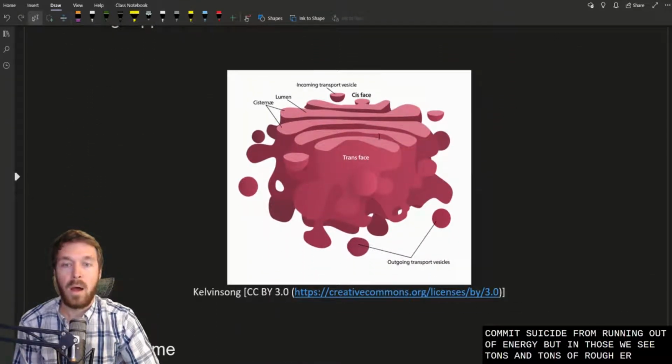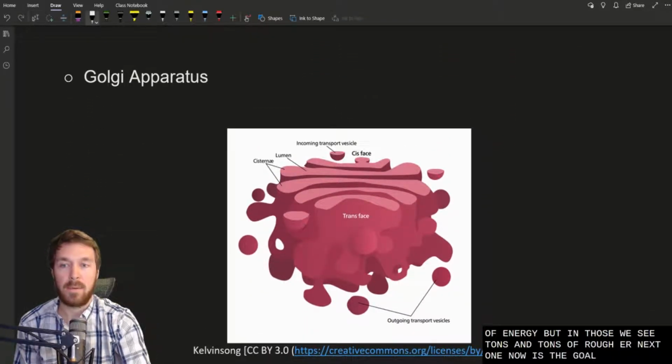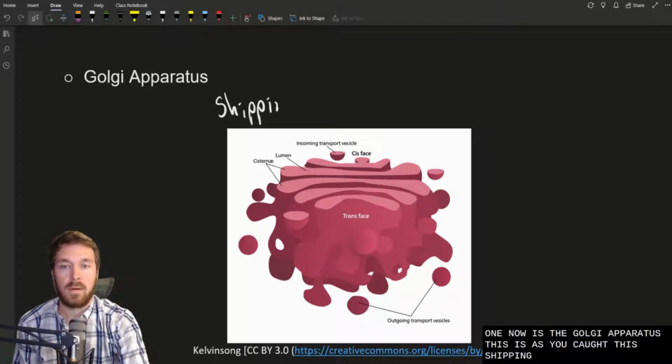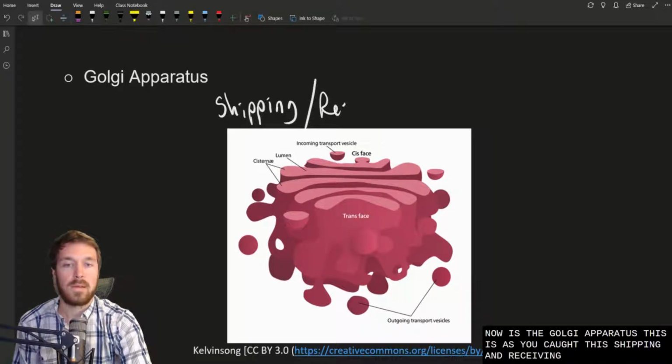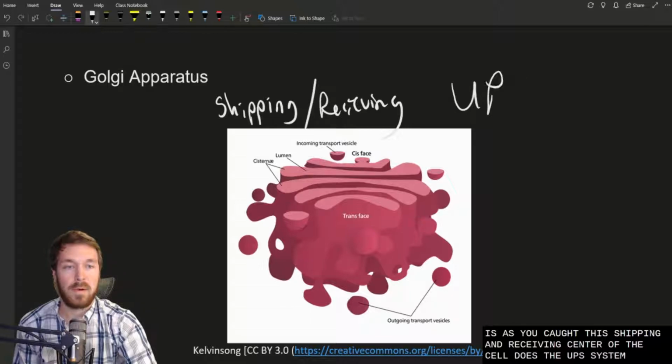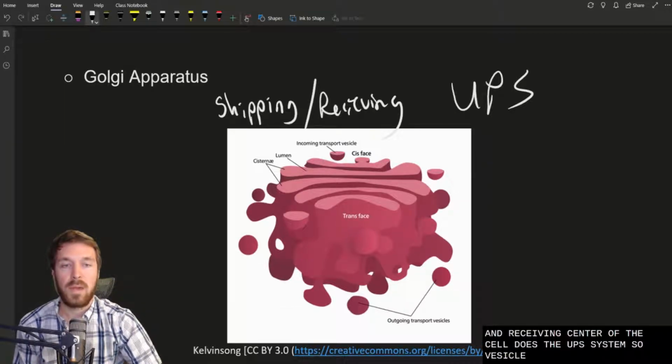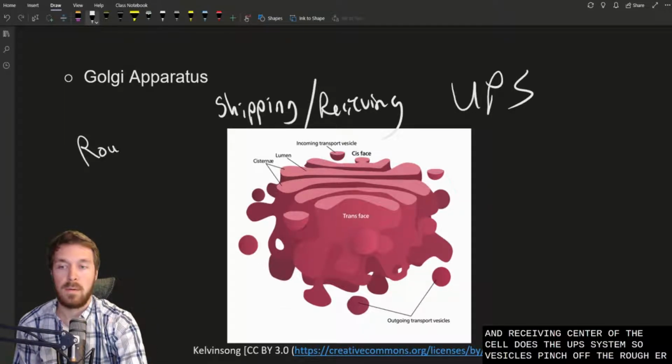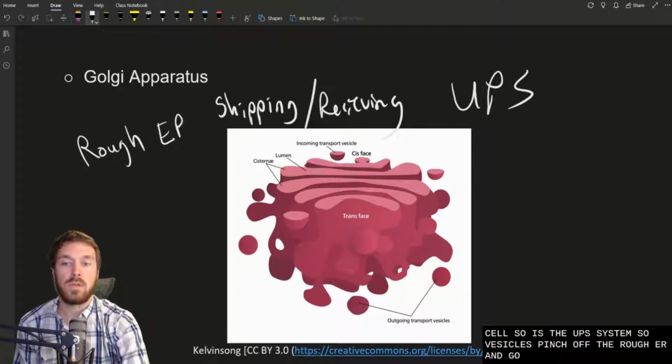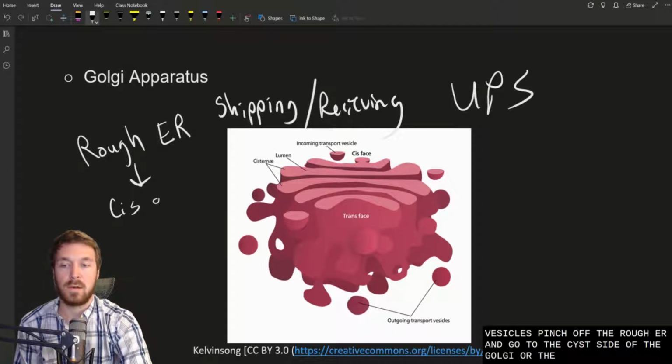All right, next one now is the Golgi apparatus. This is, as you call it, the shipping and receiving center of the cell. So it's the UPS system. So vesicles pinch off the rough ER and go to the cis side of the Golgi, or the cis Golgi.